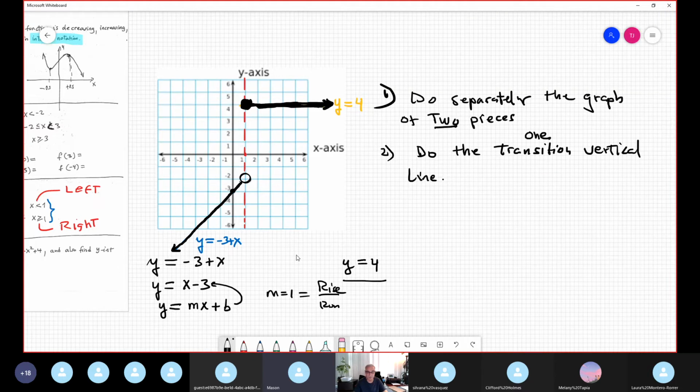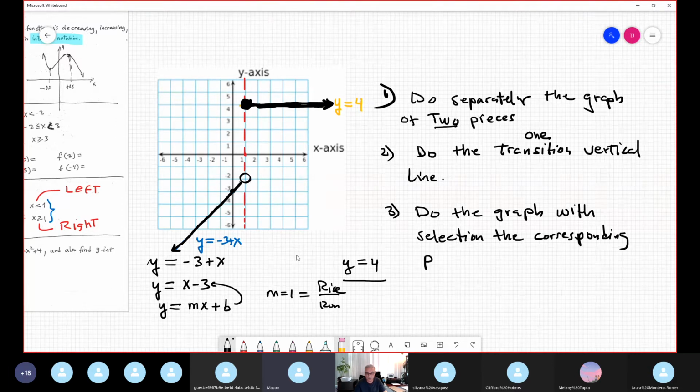And number 3 is, bueno, do the graph with selections, the corresponding pieces.